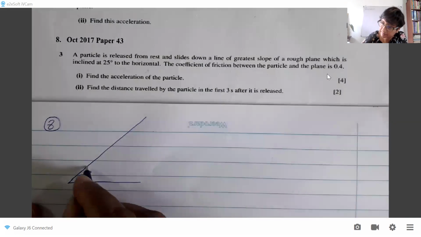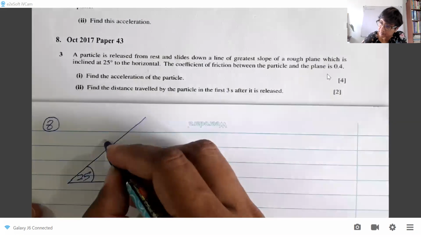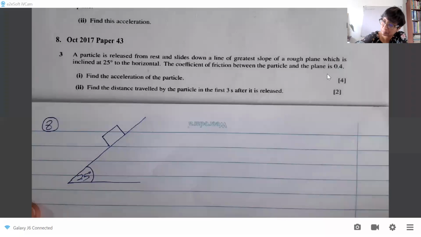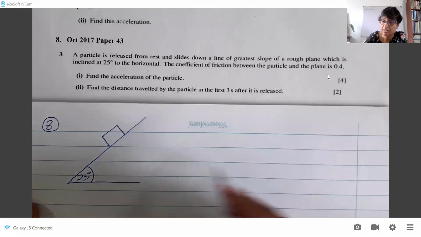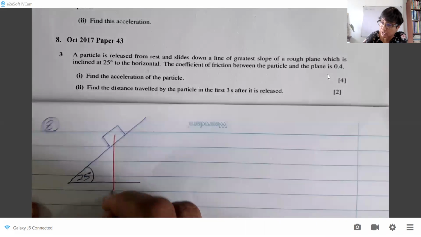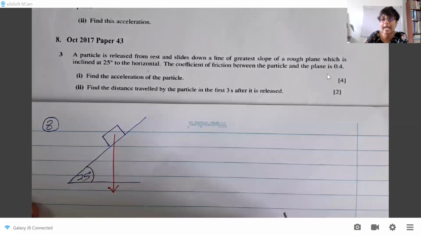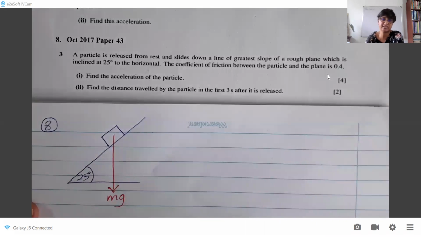Notice that the mass is not given. You let the mass be m and mark the weight as mg. Simple. Or 10m, we take g to be 10.